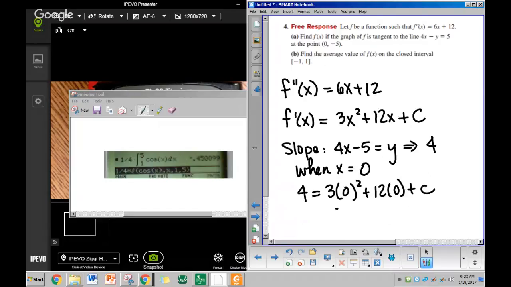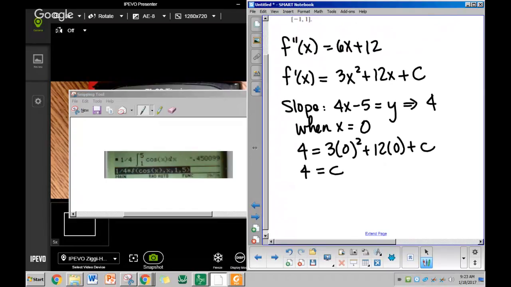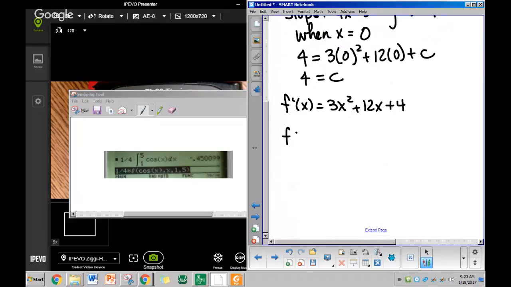So c is equal to 4. Can you see that? So f prime of x is equal to 3x squared plus 12x plus 4. So that's one step. Now we have to find f of x.